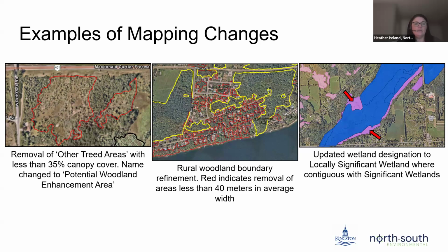And then finally, updating the wetland designations to locally significant wetlands where there were continuous wetlands with significant wetlands or provincially significant wetlands. So these are identified as locally significant now based on the criteria provided in the Natural Heritage Study.